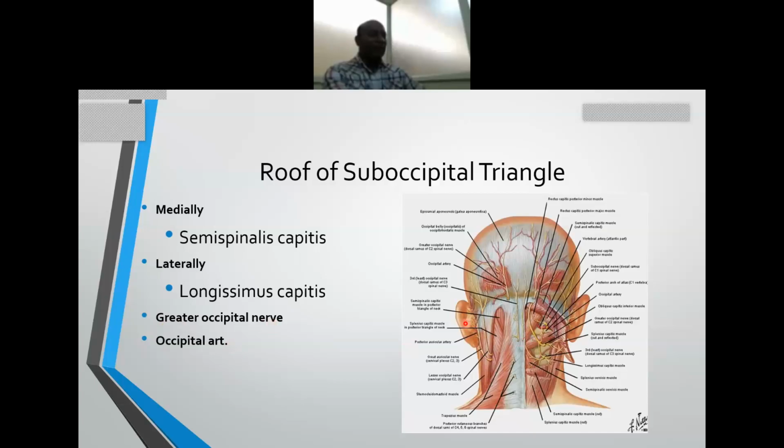That is the dorsal ramus of the C2 nerve, which will go up to supply the back of the neck and the scalp, and the trunk of the occipital artery itself can be seen in the lateral aspect of the suboccipital triangle like this. You can see the greater occipital nerve going across like this, and that is the occipital artery.